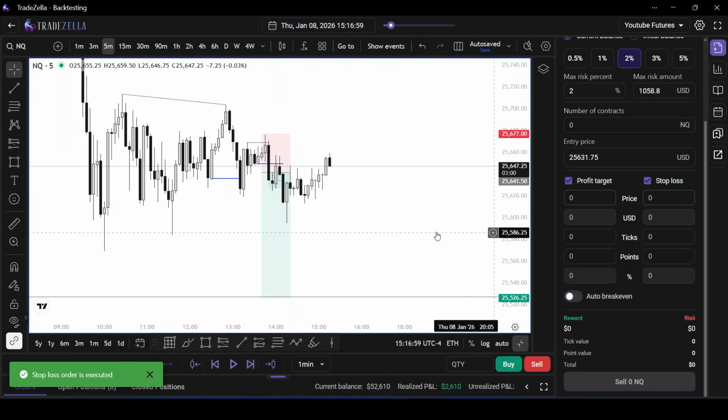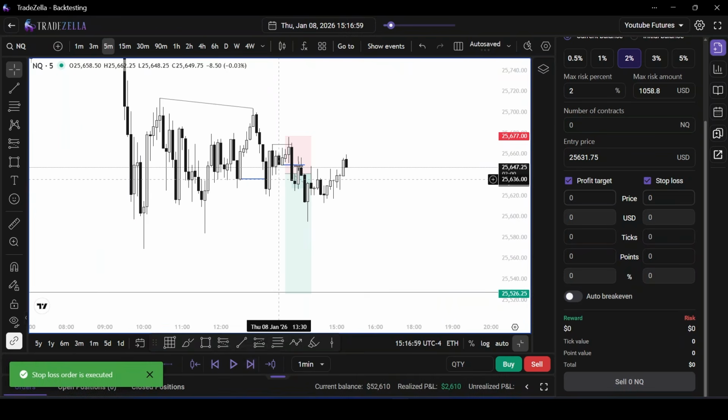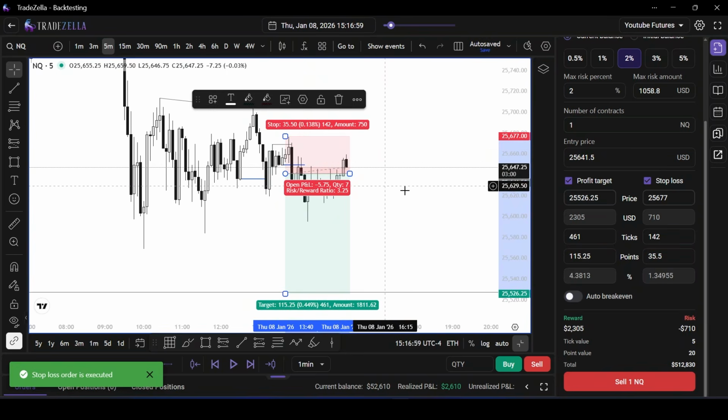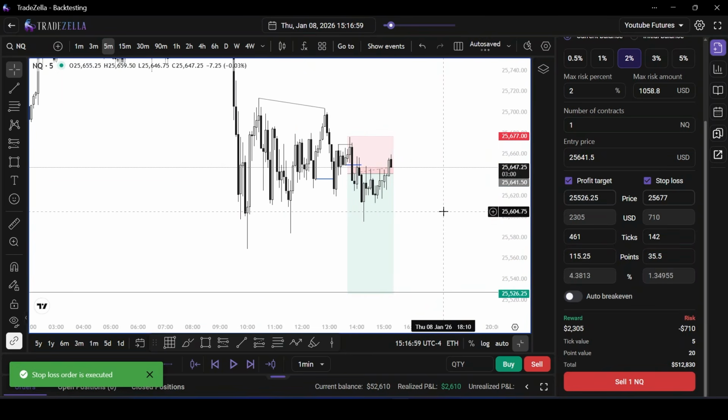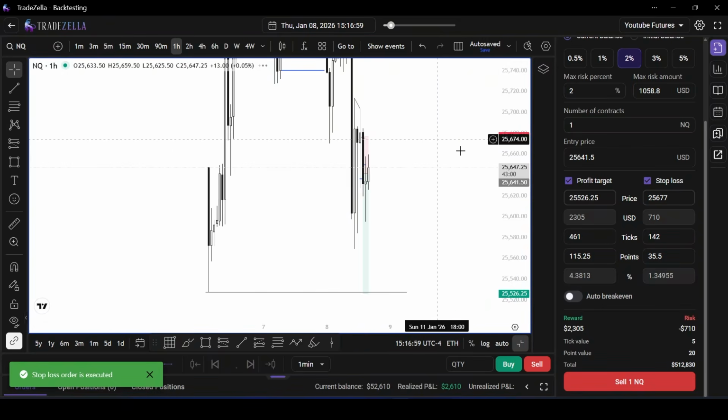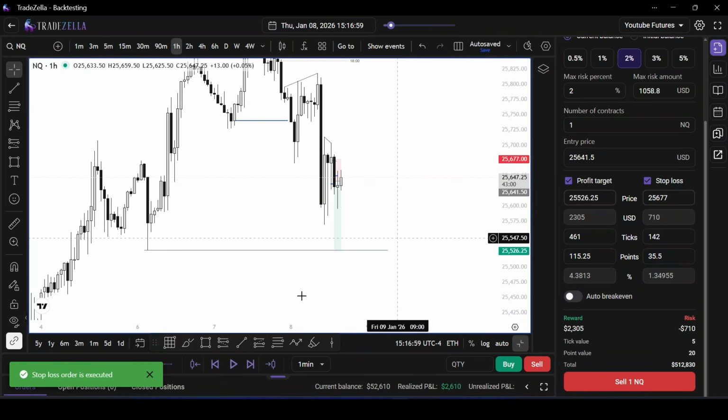So we get stopped out, but at break even, right? Though we lose like half, not our full position. We didn't lose our full position, so just half. This day is kind of a crazy day, to be honest.